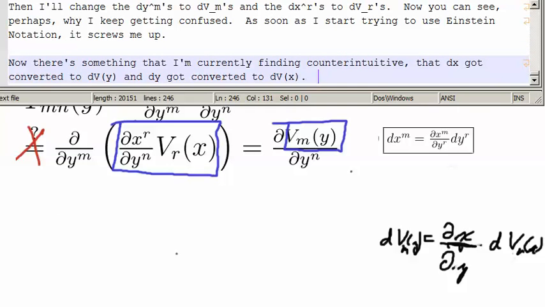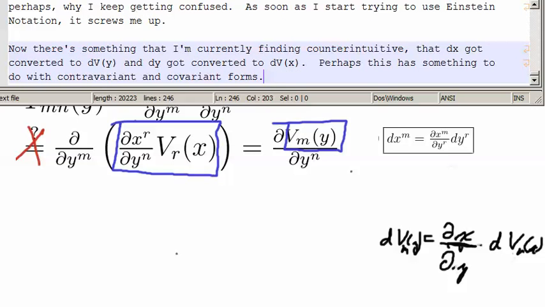Now, there's something that I'm currently finding counterintuitive, that dx got converted to dv of y, and that dy got converted to dv of x. Perhaps this has something to do with contravariant and covariant forms, which I have not yet been able to grasp.